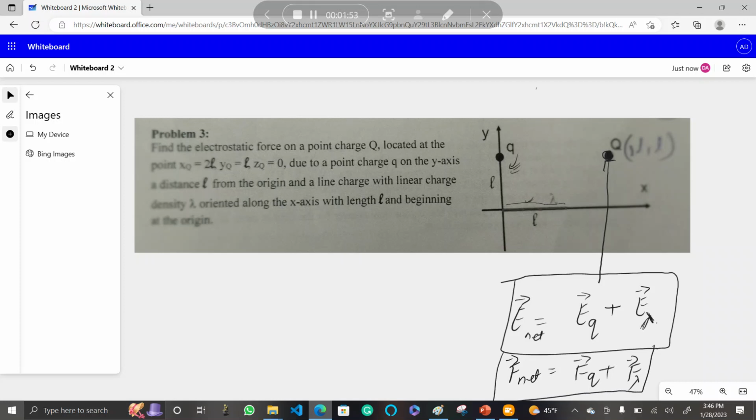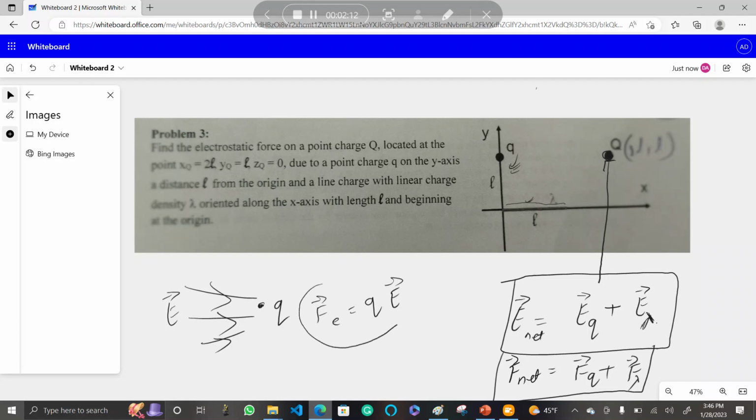As we know, in electrostatics, if we have a charge q in the electric field E, then the force experienced by this charge in the electric field is charge times the electric field, right?